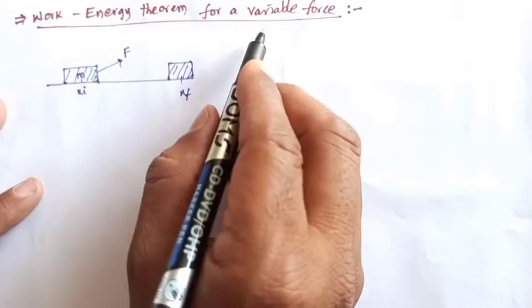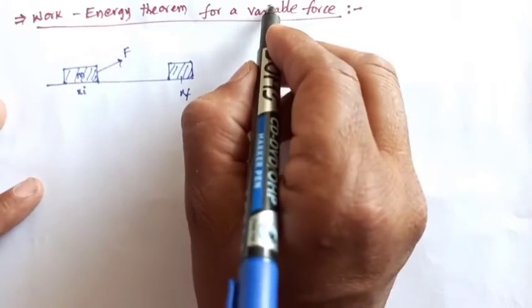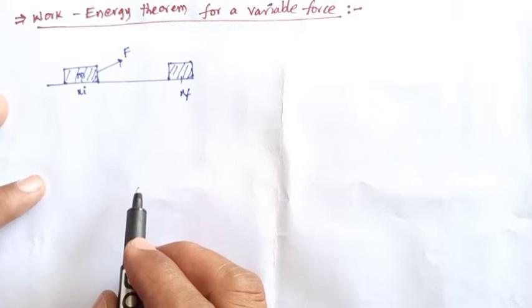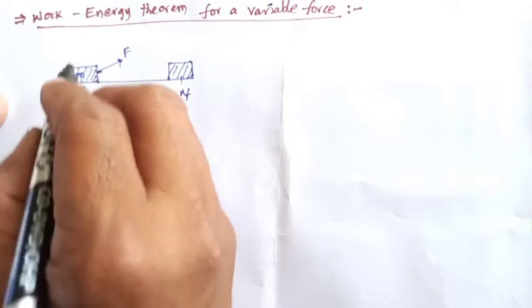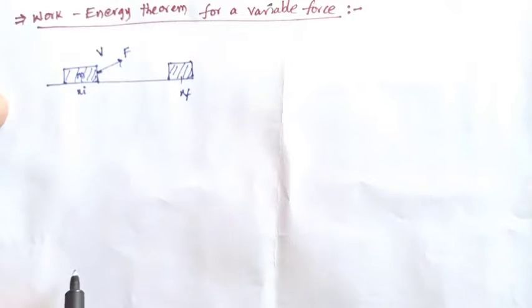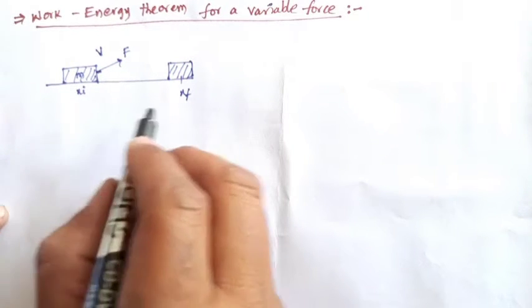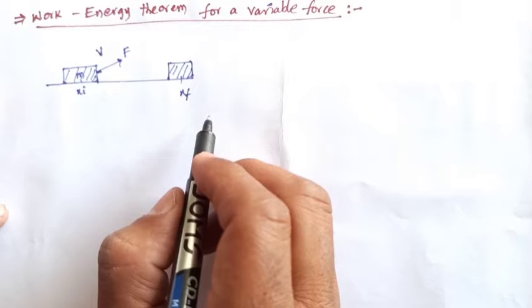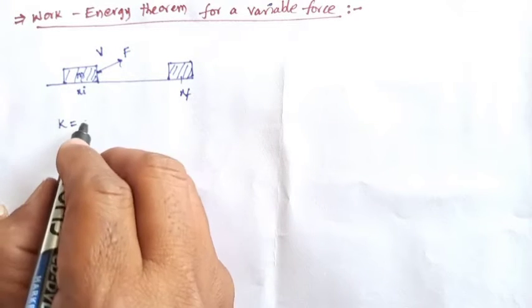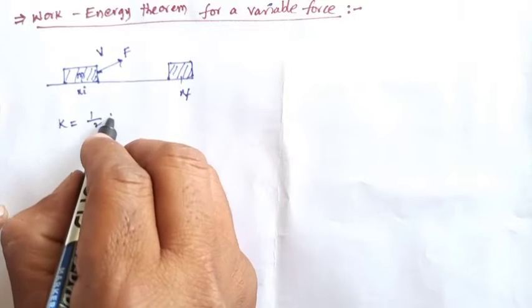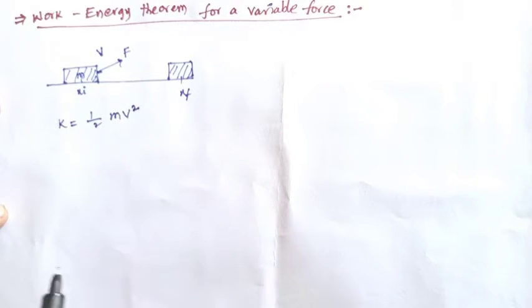So what is the work done? When it moves with a certain velocity v, it has kinetic energy. So the kinetic energy of the body K equals 1/2 mv square.